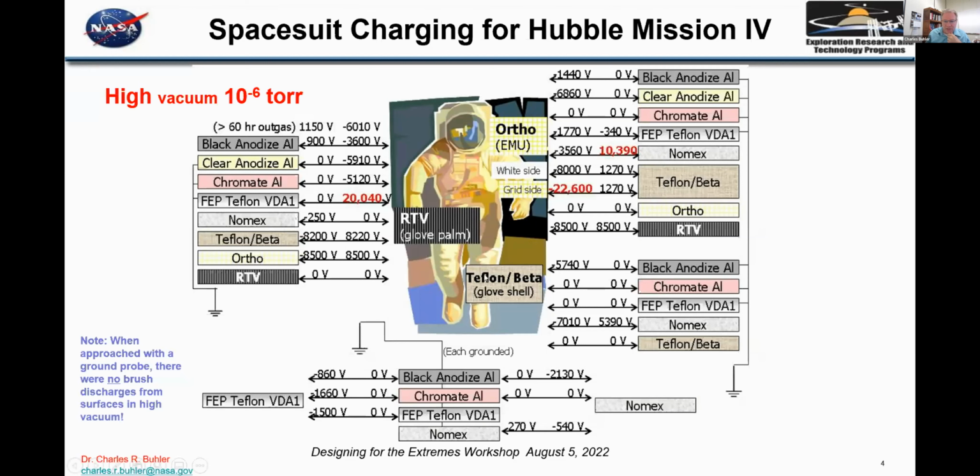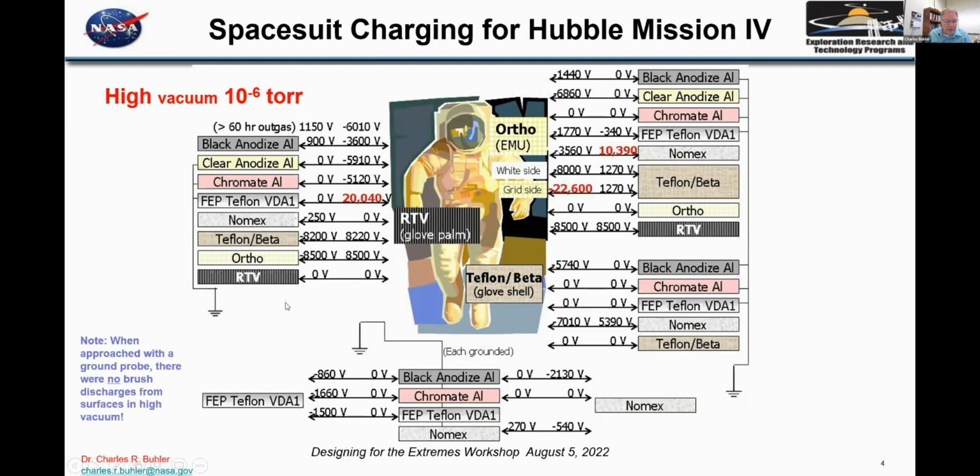For example, for the astronaut suits, if they use Ortho-Fabric or RTV or Teflon, the Beta cloth is what they love to use, and that will tribocharge against different materials. Could be metals, insulators, coated metals, other spacesuit materials, or itself. You get some generation of charge, and then you want to know whether that charge actually discharges to something.